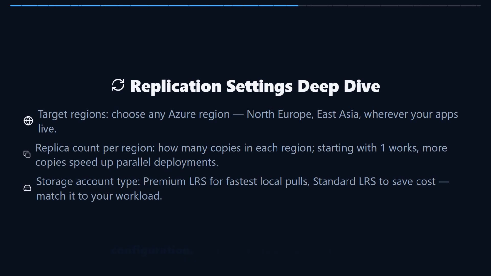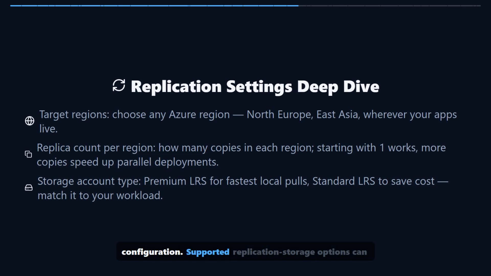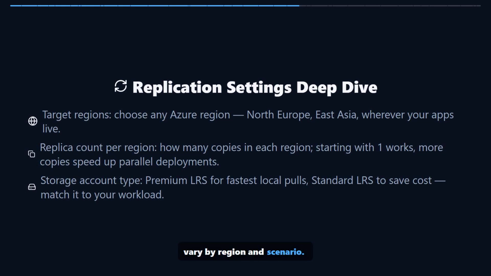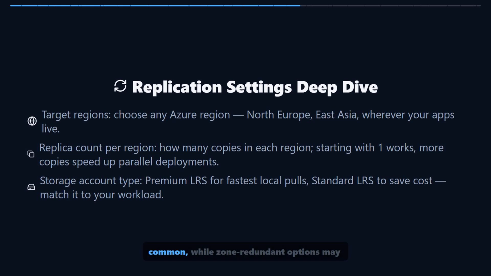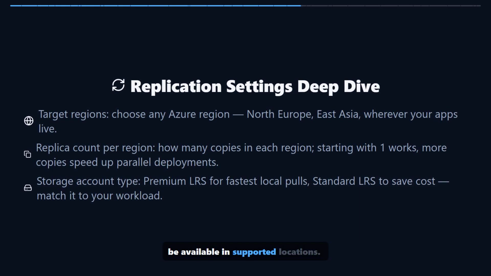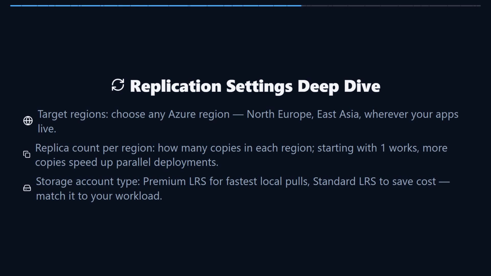Third is storage configuration. Supported replication storage options can vary by region and scenario. Standard locally redundant storage is common, while zone-redundant options may be available in supported locations. Fourth is replication mode.